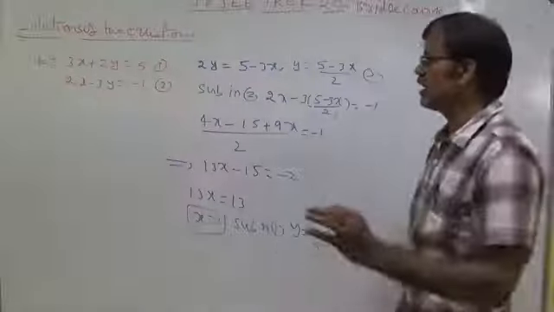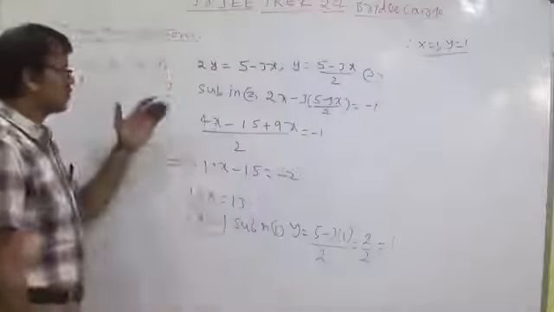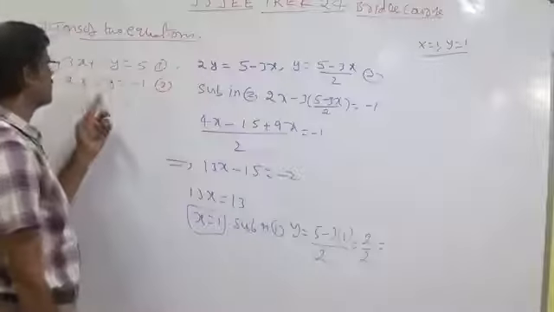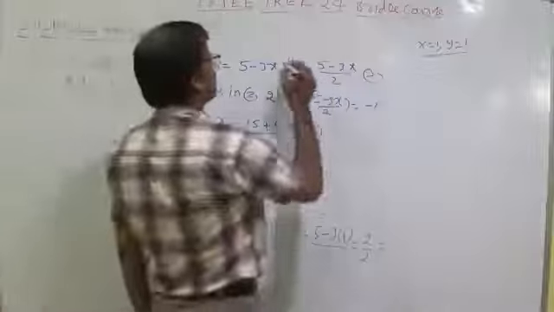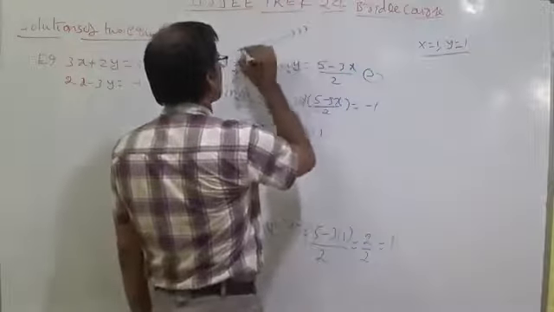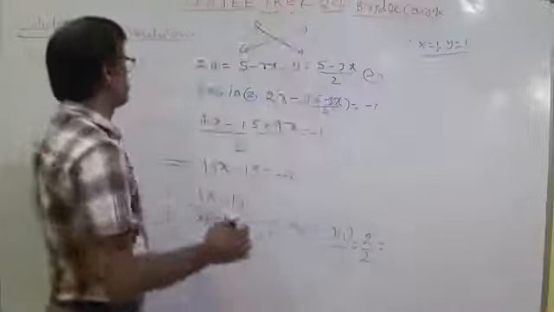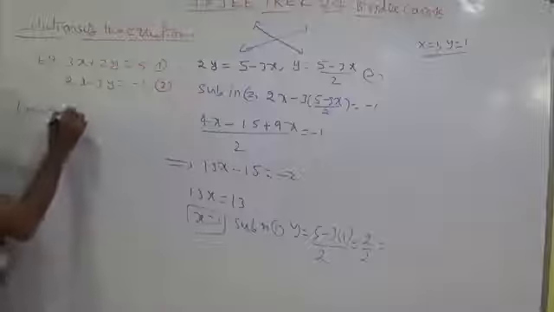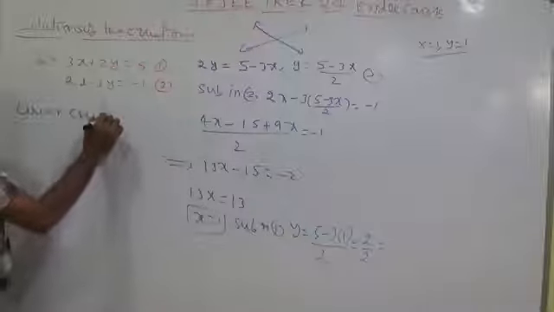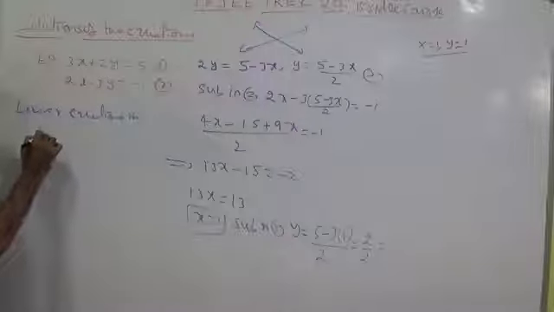I think you have learned this one in 8th class standard. Now what I am doing is the solution of 2 lines. Maybe in 8th class they will not say that these are lines; simply these are called linear equations in 2 variables.